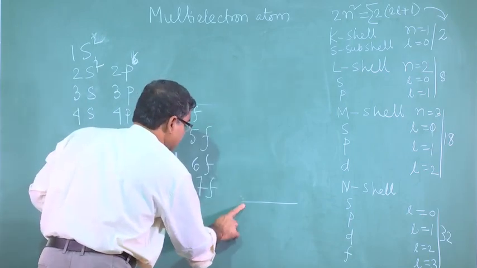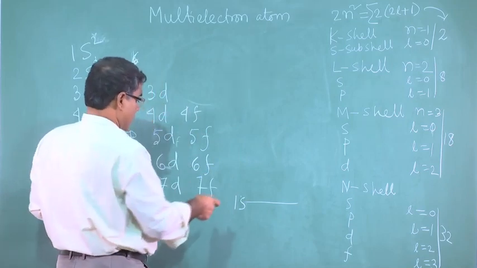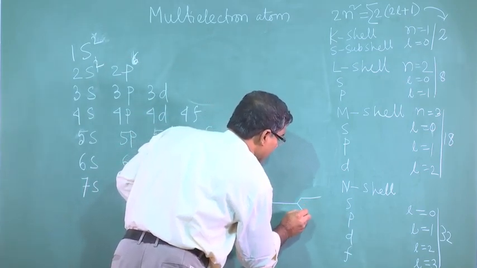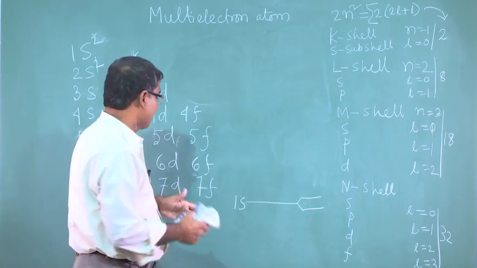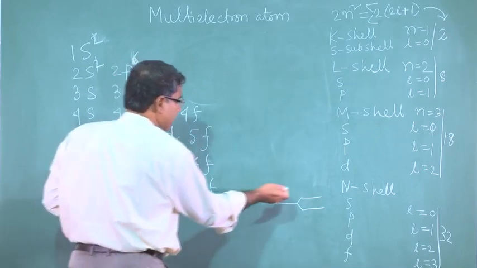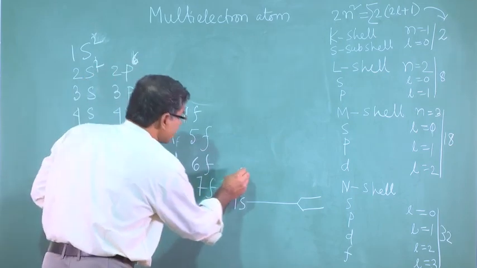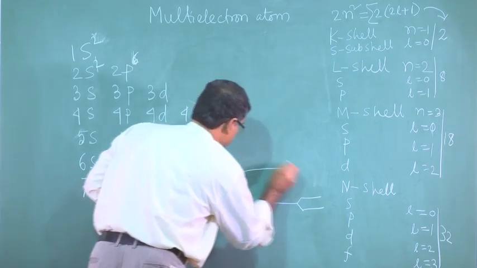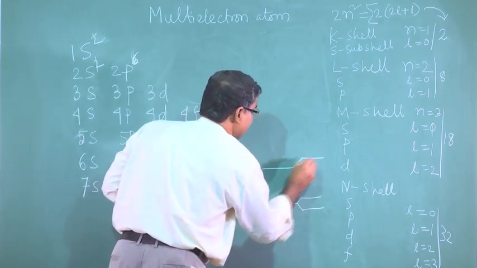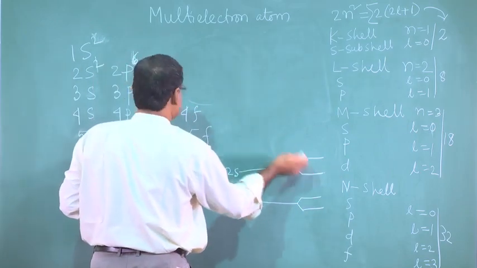I should write 1s here, and 1s again has 2 levels, for ms plus half and ms minus half. And then the second energy level is 2s. I can put 2s, again it has 2 levels, plus half, minus half.